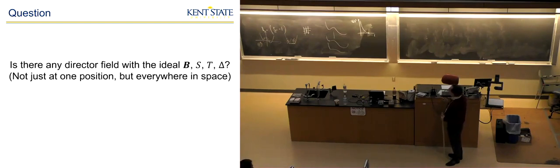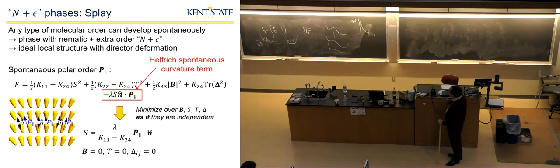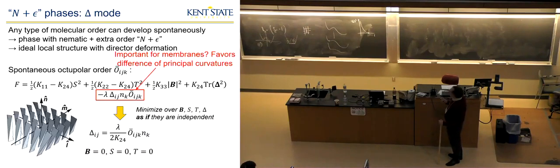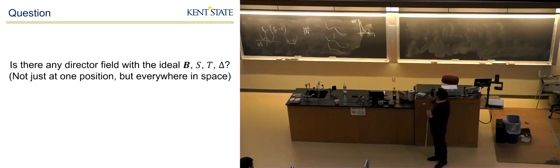For liquid crystals, in these four situations that I've shown you here, you have an ideal local structure. The ideal local structure has one of the modes non-zero and three of the modes zero. So you might ask, that's the ideal bend, splay, twist, and delta, but is it possible?